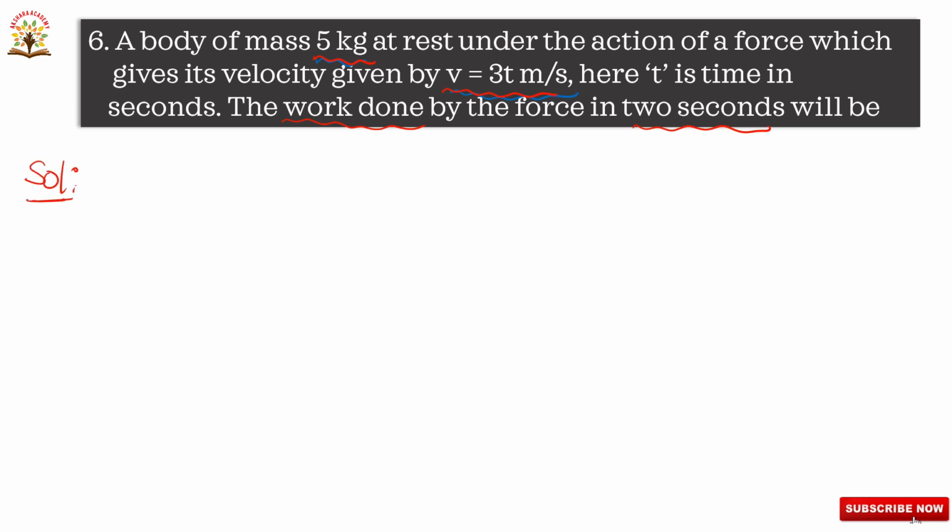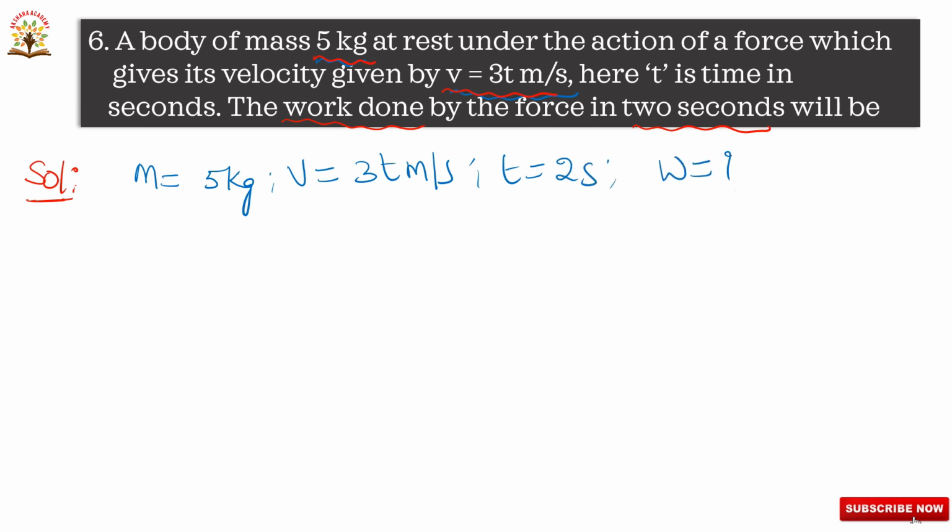Given mass m = 5 kilogram, v = 3t meters per second, and t = 2 seconds. We have to calculate the work done.